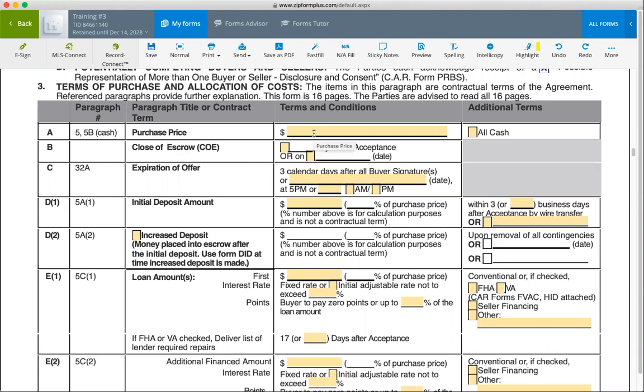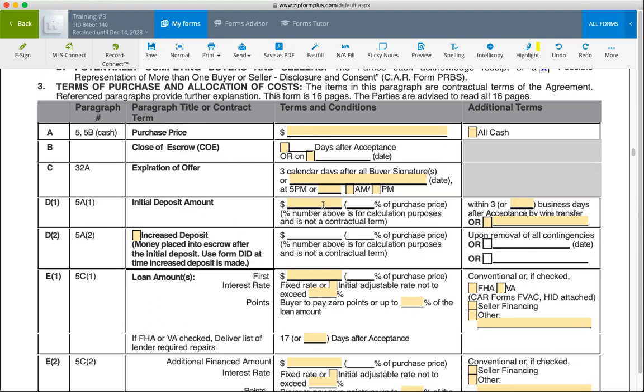So if the purchase price is $1 million, we're going to want that combination of the initial deposit and increased deposit to be 3%, which would be $30,000. And the reason is it ties into liquidated damages, which we'll get to later on in the contract.